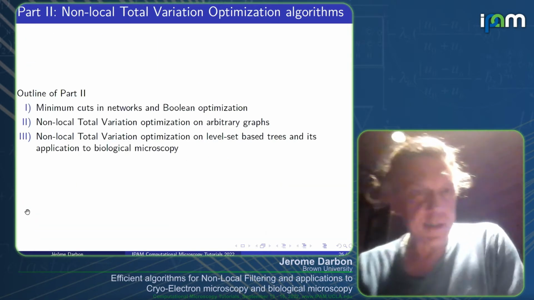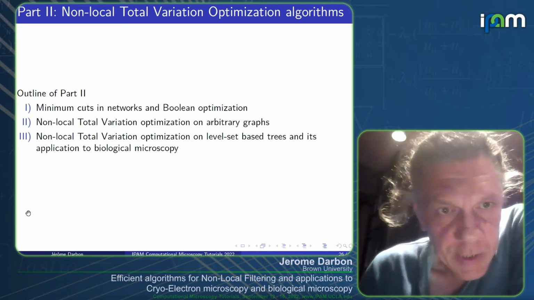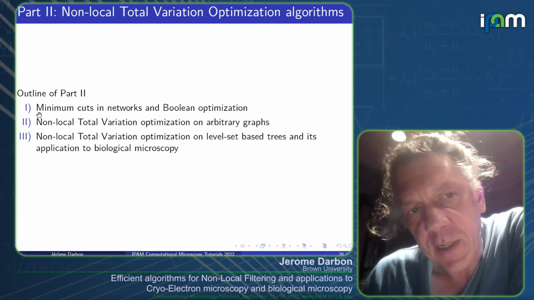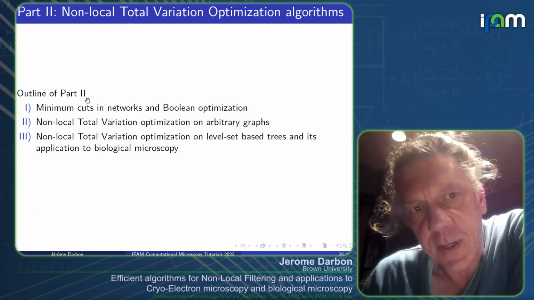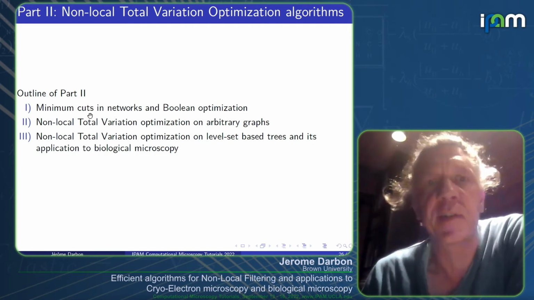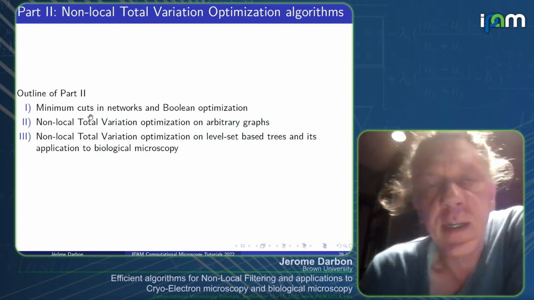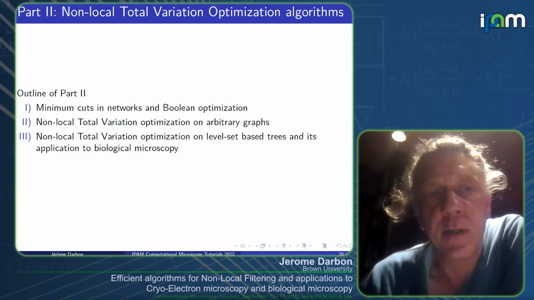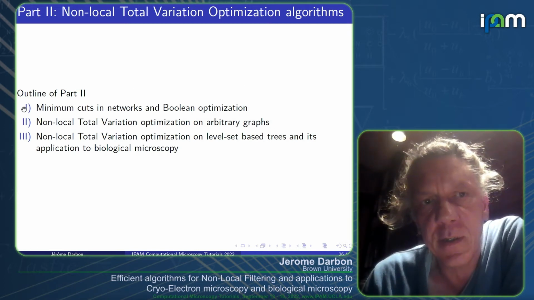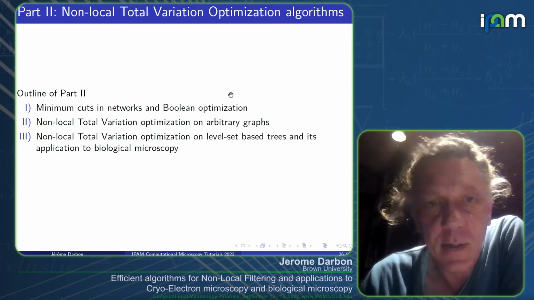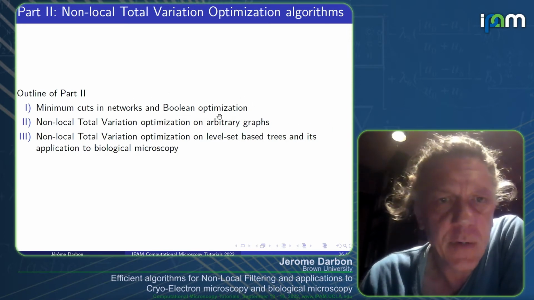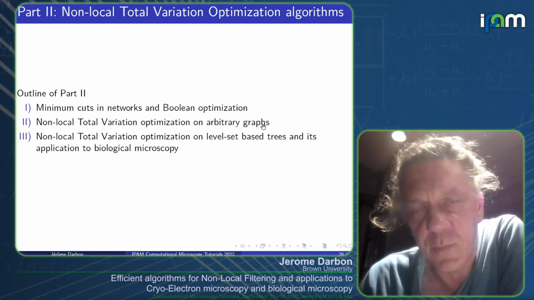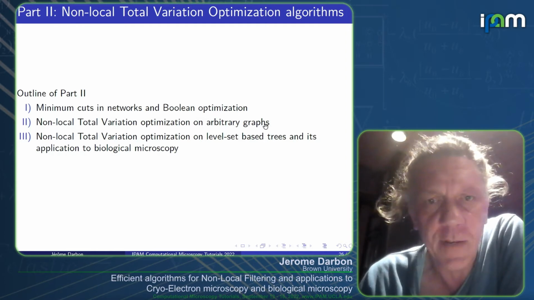So in order to do that, I'm going to split part 2 in 3 parts. I'm first going to introduce a concept, the concept of minimal cuts in graph theory and how it connects to binary or Boolean optimization. That will be a building block from combinatorial and graph theory that we're going to reuse to solve non-local TV optimization problems on arbitrary graphs.